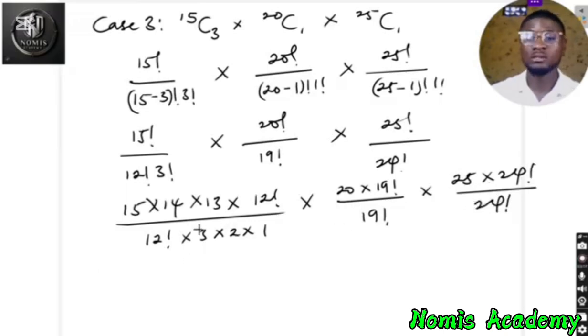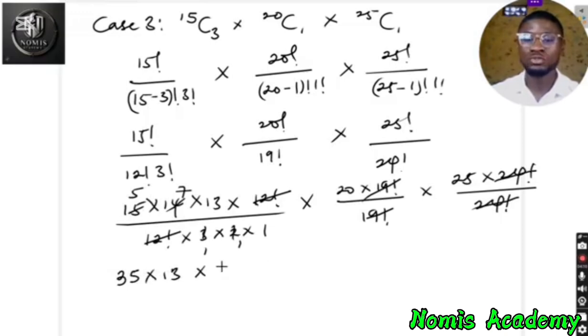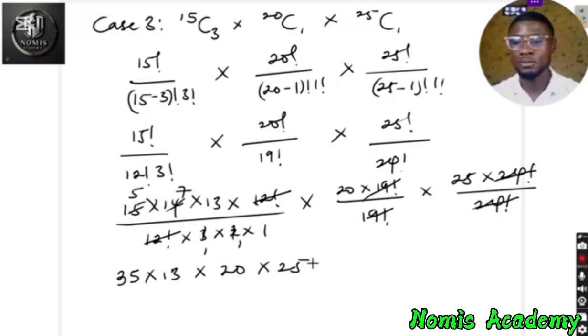So I can just reduce the expression. 12 factorial cancels 12 factorial. So 2 here 1, 2 here 7, and 3 here 1, and 3 in 15 is just 5. So I'm left with 5 times 7 times 13 here. 19 factorial cancels 19 factorial, I'm left with 20 at this side, and then 24 factorial cancels 24 factorial. So I'm left with 35 times 13 multiplied by 20 multiplied by 25.